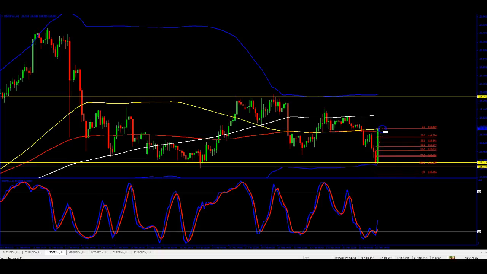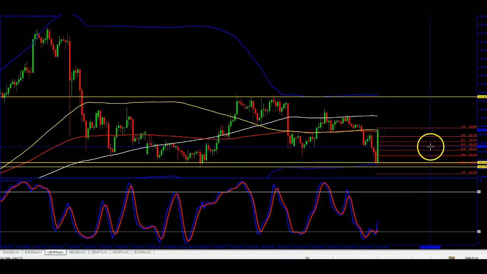Next step would be to get in on a 50% retracement. So that level is 118.58. So right here. So we're actually going to go for a slightly larger stop, which would be around 39 pips.